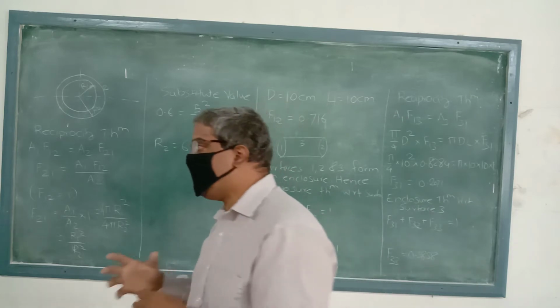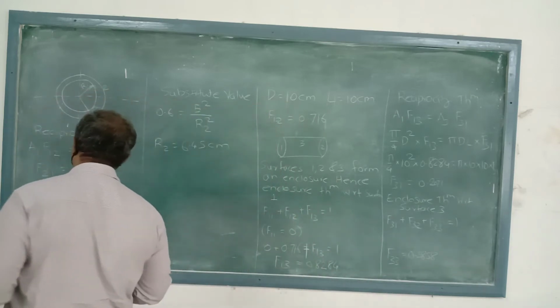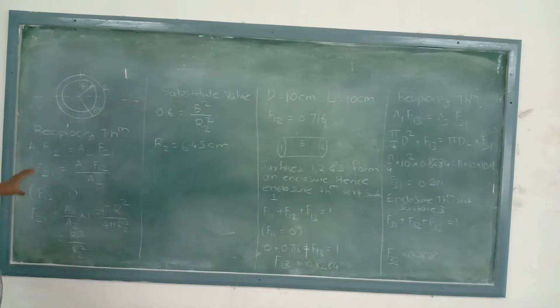So the shape factor of this one sphere with respect to the second sphere is 1, because all the radiation emitted by this sphere is absorbed by the other sphere. So here F1 to 2 is equal to 1.